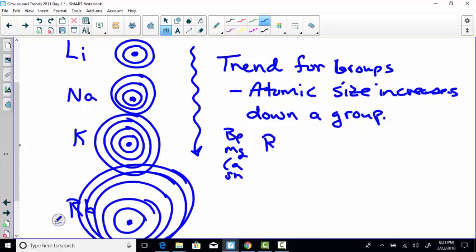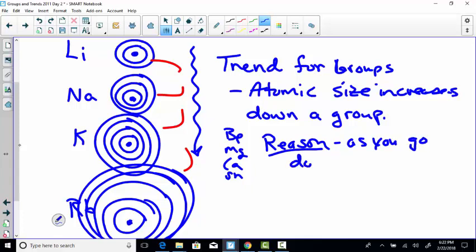Now, one of the big things that I am going to be pushing is, what's the reason? Essentially, if you look at these, the reason should actually be very clear. As you go down a group, you add energy levels. So that's going to make the atom bigger. So that is my reason. As you go down a group, you increase energy levels.